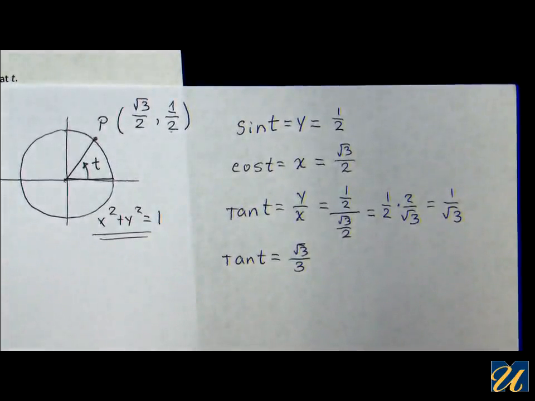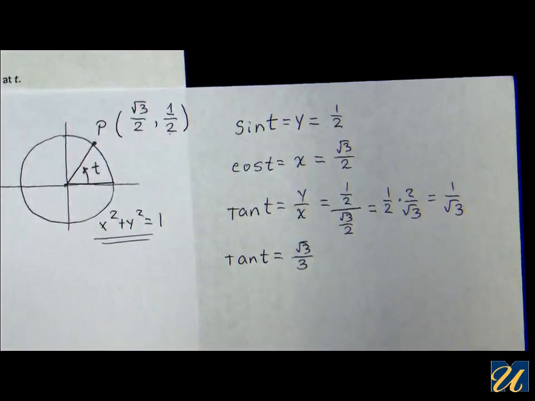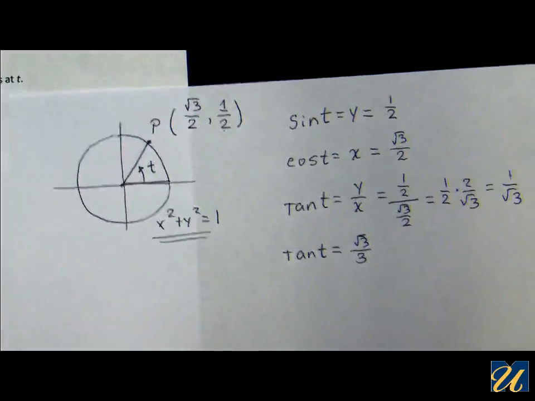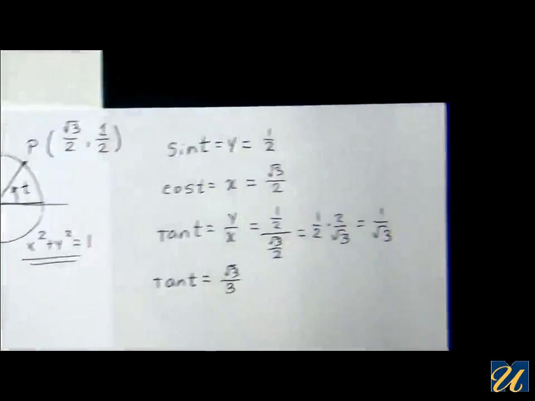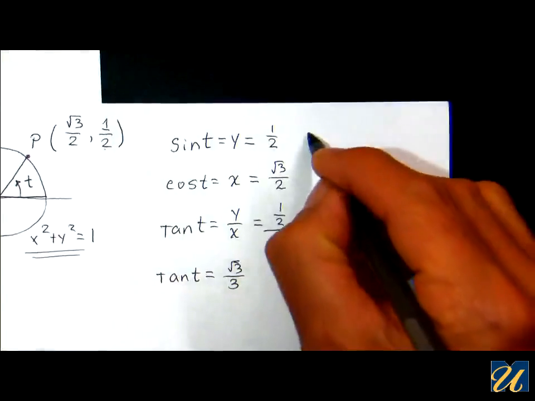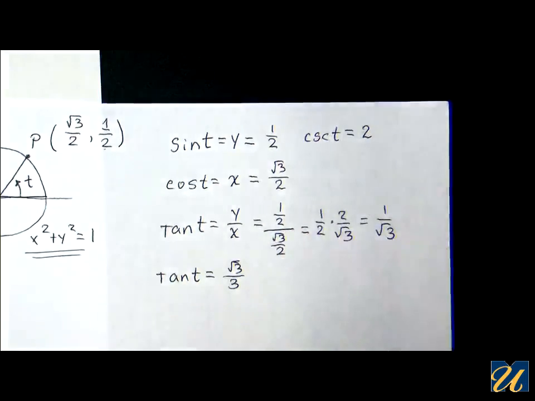Okay, once you have those three, then the reciprocal functions can be found. So if the sine is 1/2, then the cosecant of t would be the reciprocal, so that's 2.